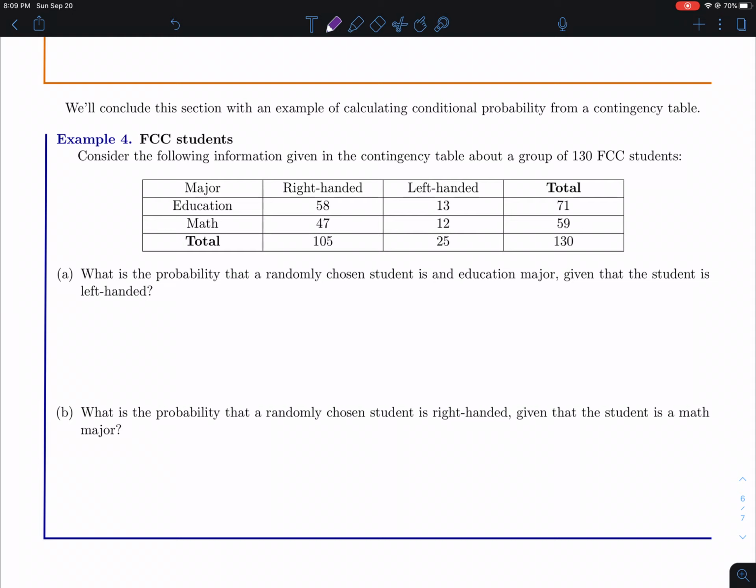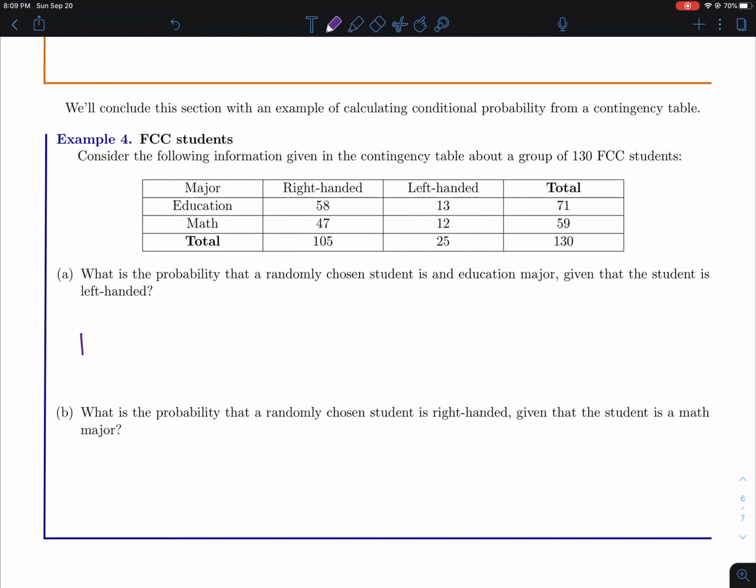And so I think this is the same contingency table we had in the last example. So we've got FCC students with their major down the left, whether they were right or left-handed across the top. And so we want to know what's the probability that a randomly chosen student is an education major, given that the student is left-handed.